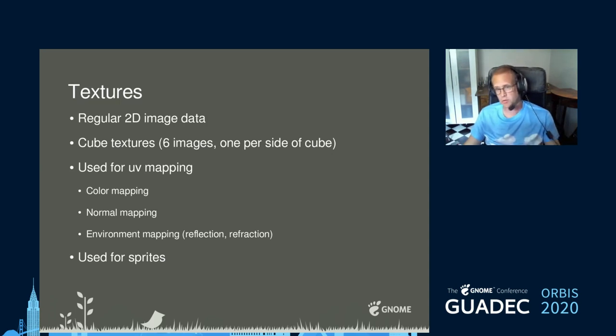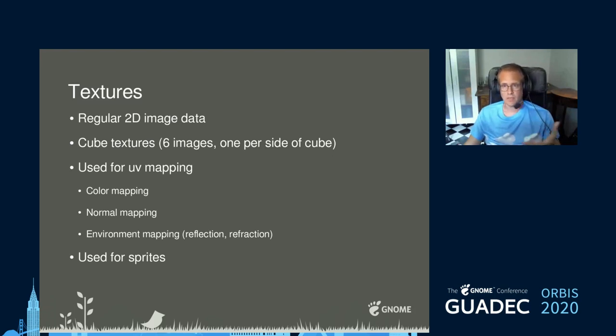The most common thing you use with these textures is color mapping using UV mapping, where you define UV coordinates for every point, and we interpolate these coordinates over the triangles, and we read the color from the texture and use that as the color of that pixel. But we can also do more complicated mappings, like normal mapping, where we interpret the image data as vectors that perturb the normal of the surface, so we can create small-scale changes in surface geometry.